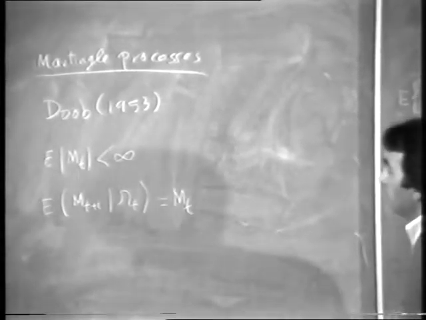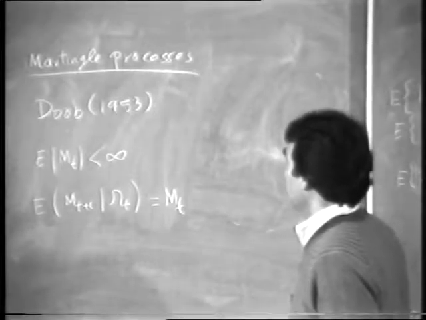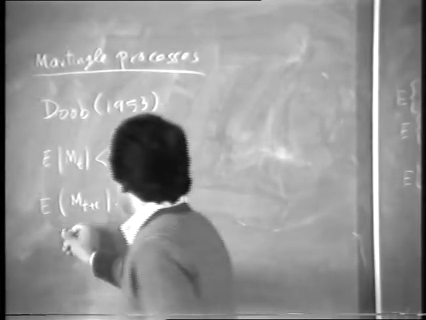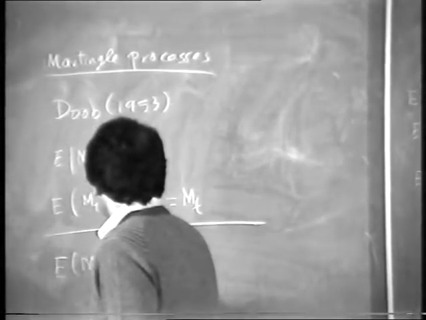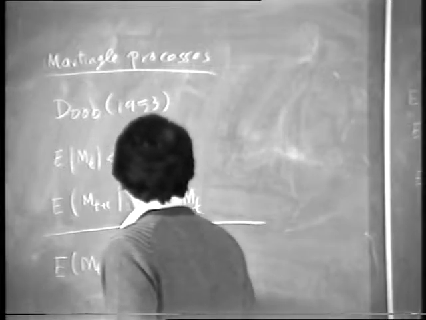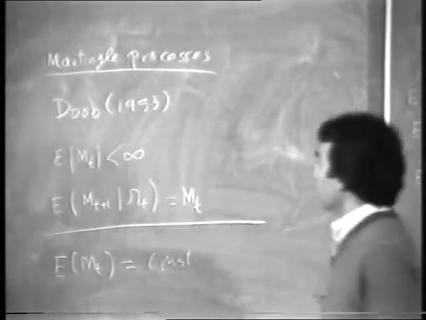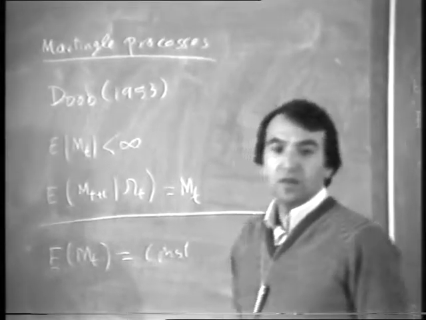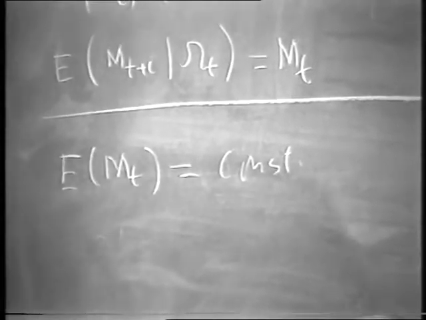Another important point is that from this definition we can right away realize that a martingale has a constant mean. Why is that the case? Well, take the expectation of this definition of what a martingale is.